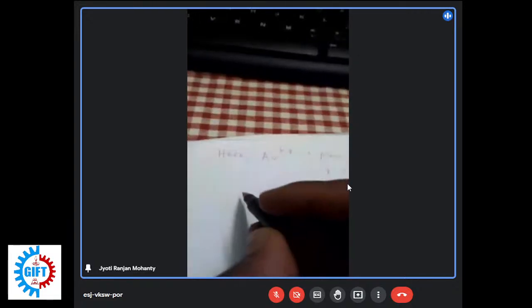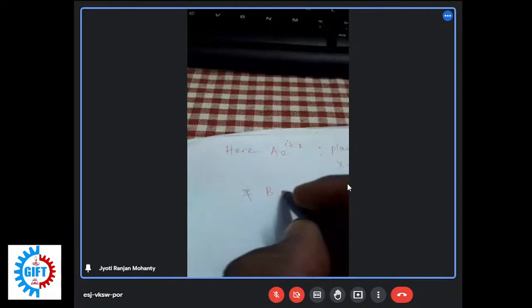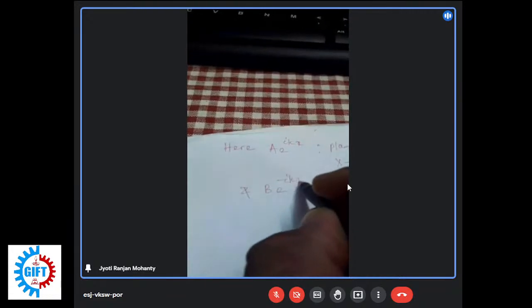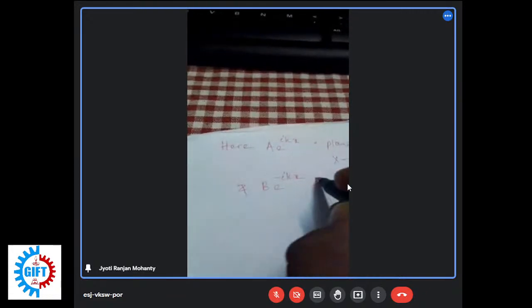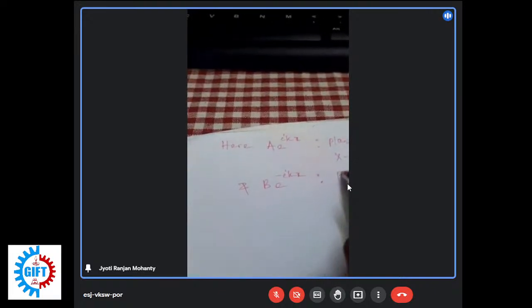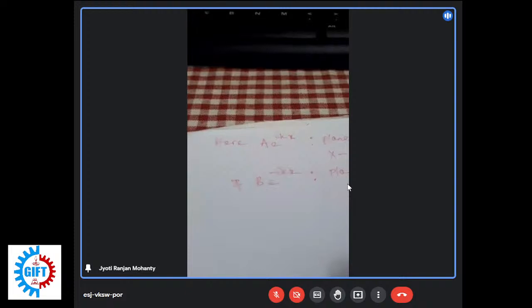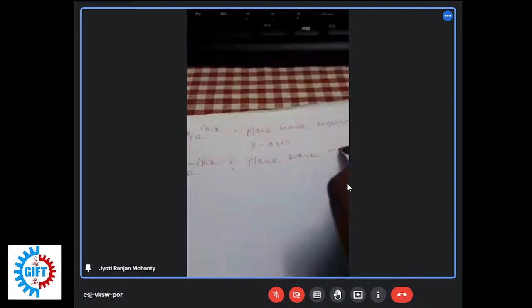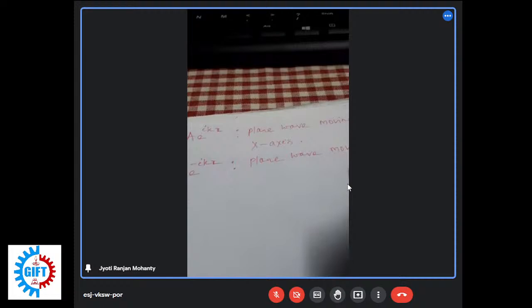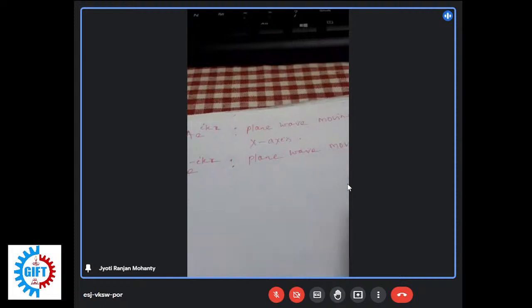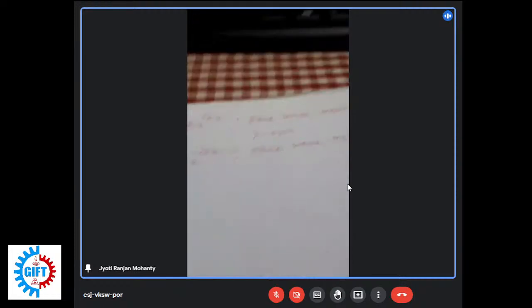Okay, and the second term, b e to the power minus ikx, represents the plane wave moving along the negative x-axis.